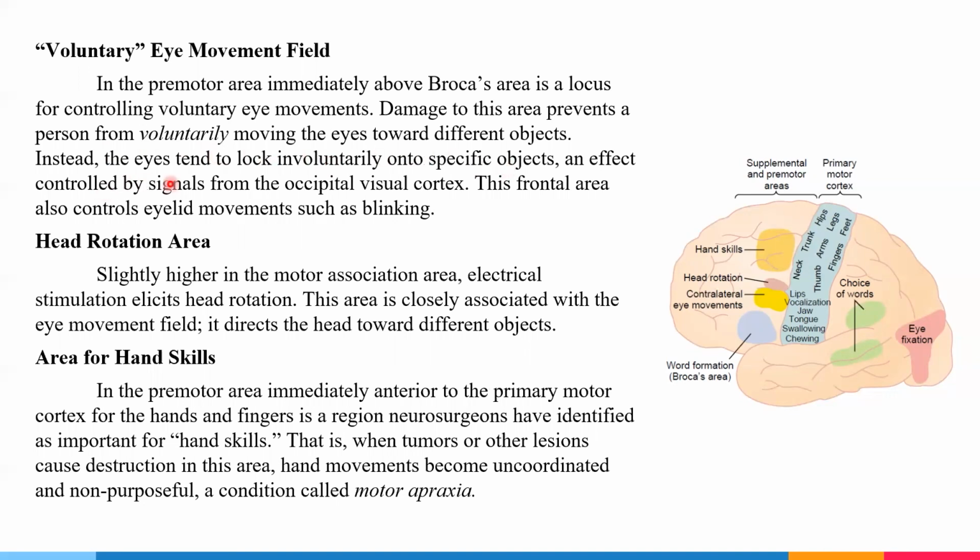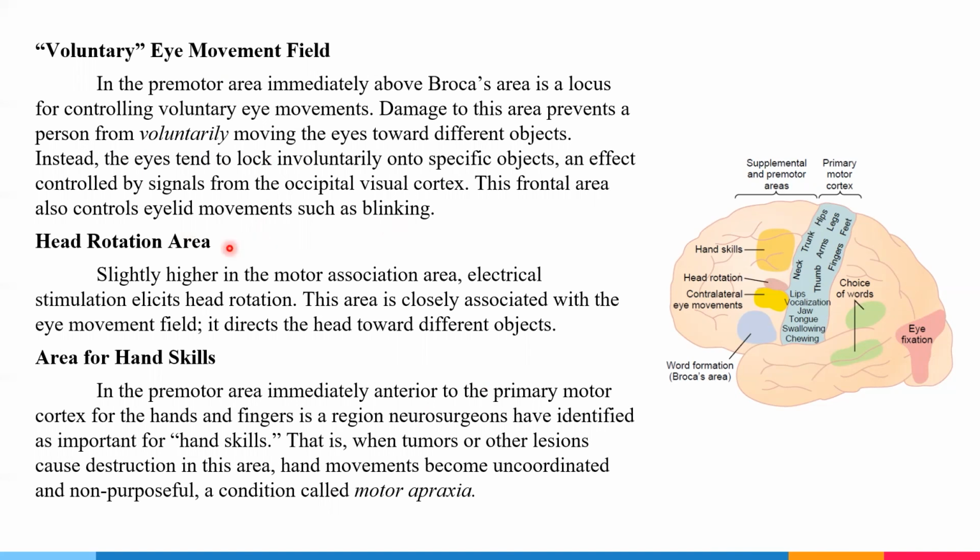Instead, the eyes tend to lock involuntarily onto specific objects, an effect controlled by signals from the occipital visual cortex. This frontal area also controls eyelid movements such as blinking.